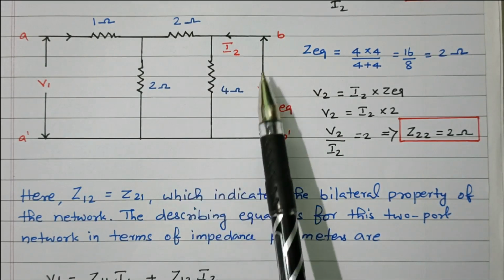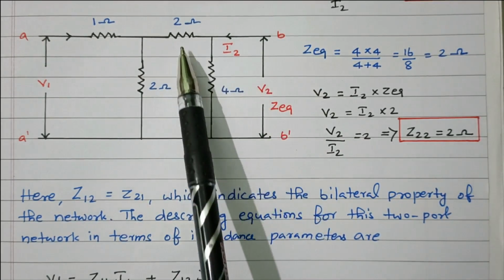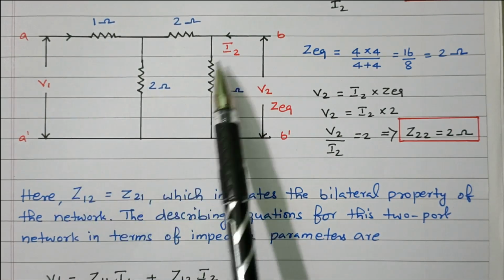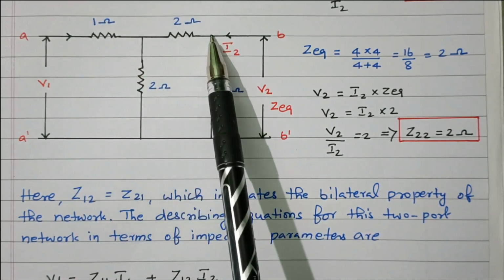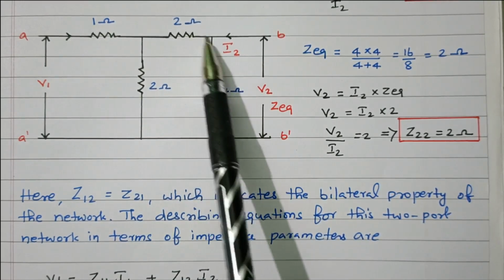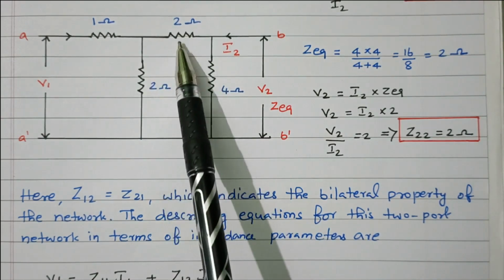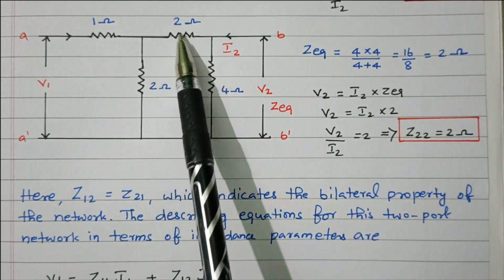So at this point the current is divided. The 1 ohm is not taken into account because of the open circuit; current will not flow through it. So these two are in parallel. This 4 ohm is in parallel with this branch, which is connected in series, 2 plus 2, 4.